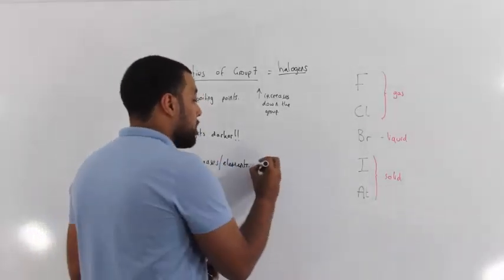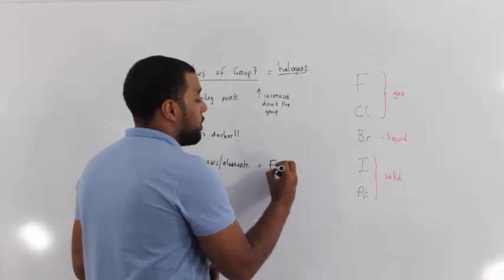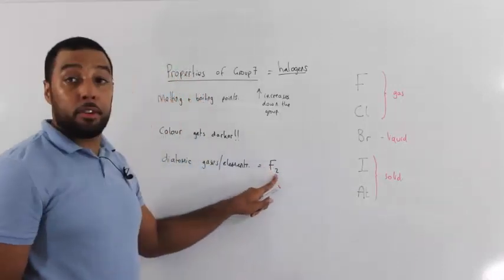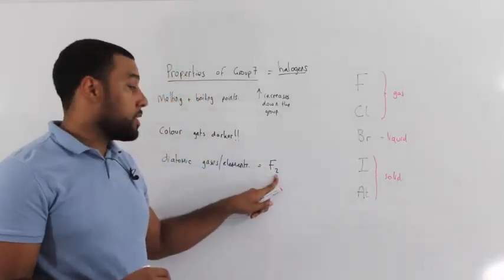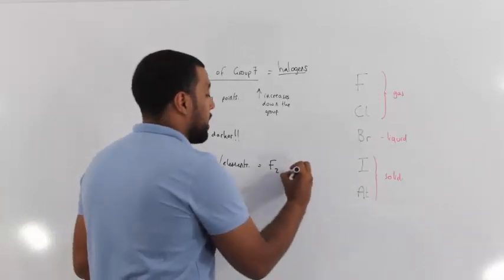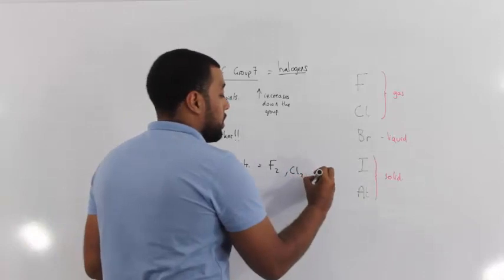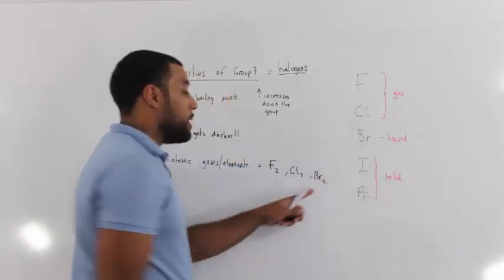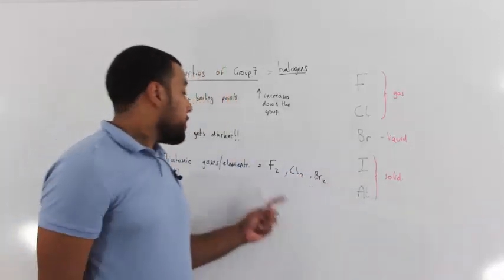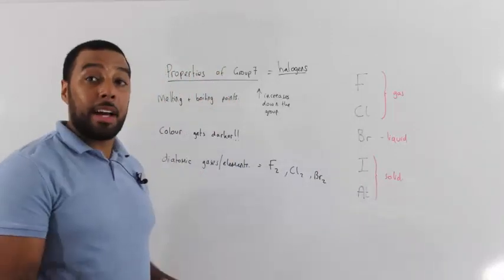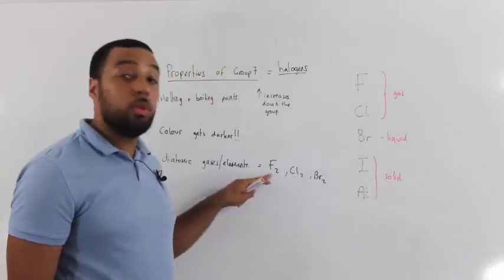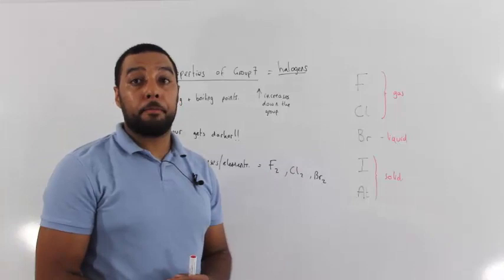For example, you get fluorine, which is F2, 2 fluorine atoms joined together. You also get chlorine, which is Cl2. And you get bromine, which is Br2, and etc. This is what we mean by the term diatomic, because there are 2 atoms joined together.